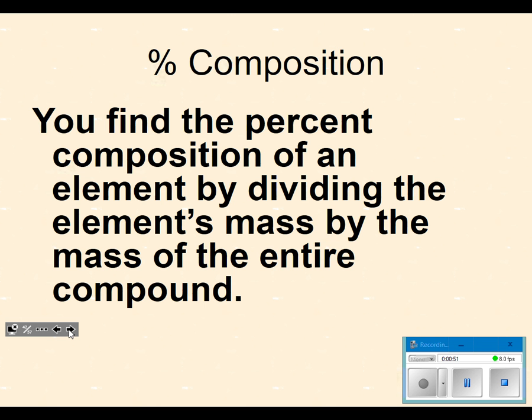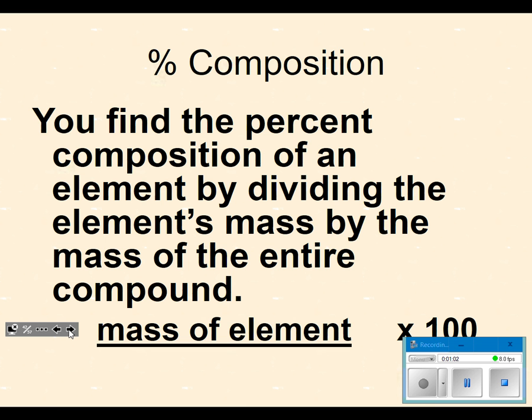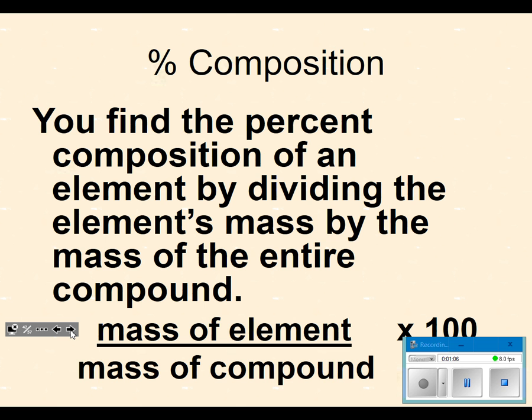You take that individual element's mass that's in the compound itself and divide it by the total mass of the compound. Okay? So we'll always take the mass of the element divided by the mass of the compound itself multiplied by 100. Now this mass of the element is what's represented in the compound.